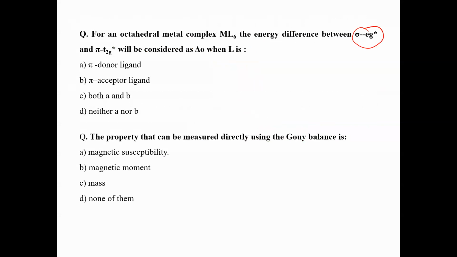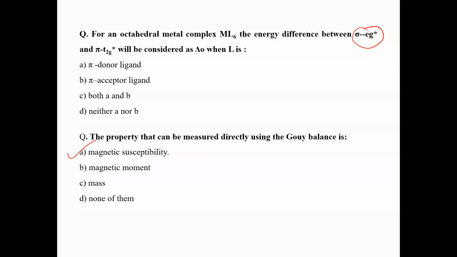And the second one, the property that can be measured directly using the Gouy balance. Everybody knows the magnetic susceptibility can be measured. But what about the first one? Just think about it, and let me know if you know the answer, please.